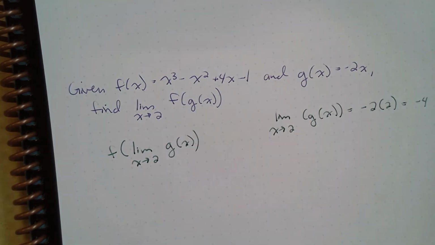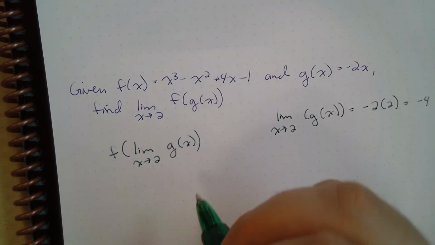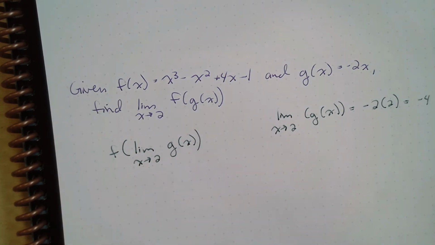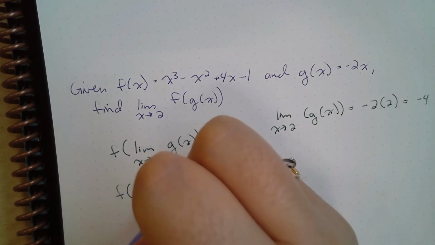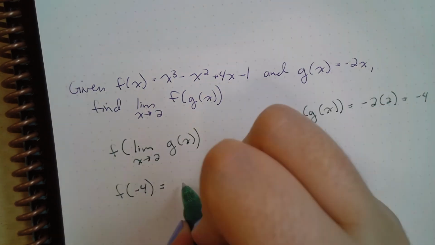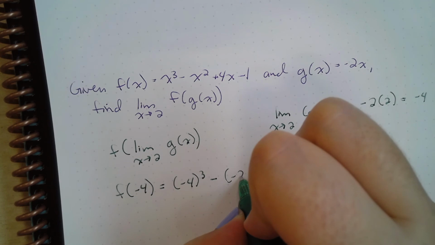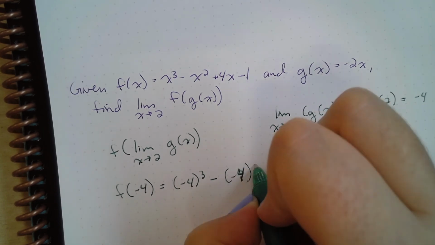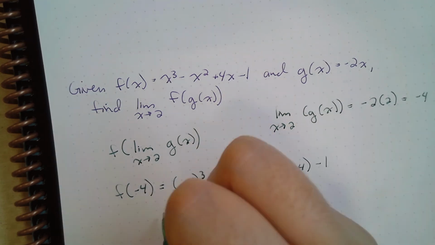So the limit as x approaches 2 of g of x is going to be equal to negative 2 times 2, which is just equal to negative 4, right? So now we don't need to find the limit, we just need to find f of negative 4. So that's going to be negative 4 cubed minus a negative 4 squared plus 4 times negative 4 minus 1.